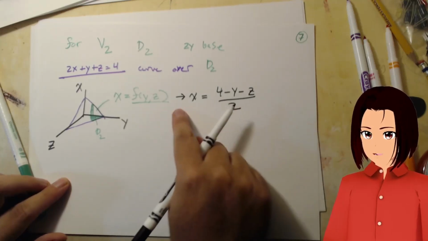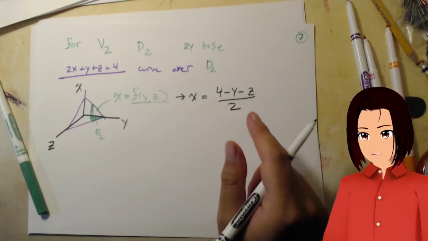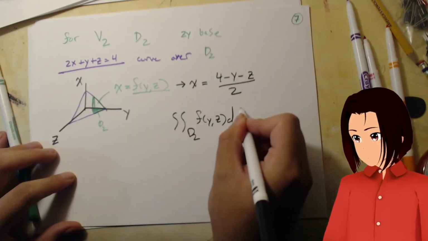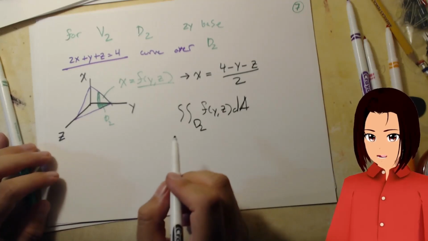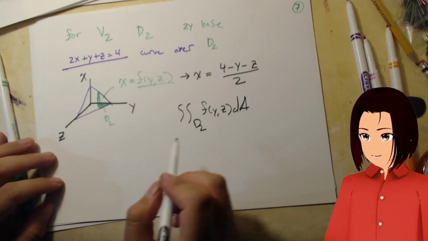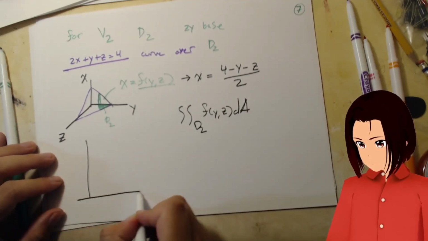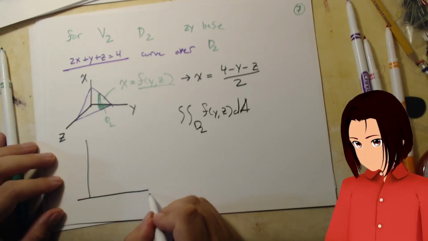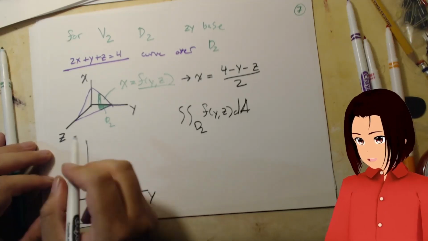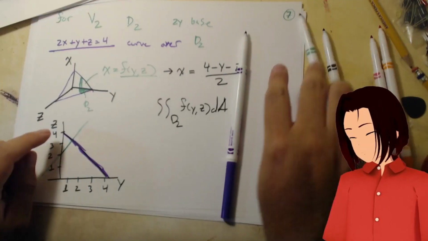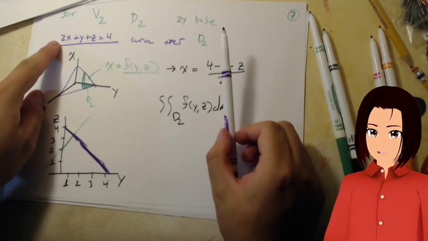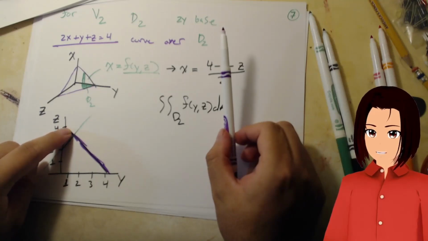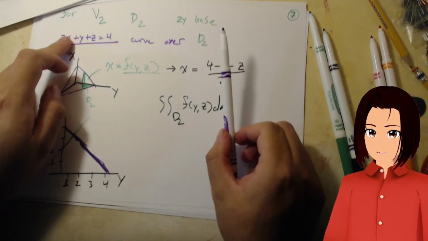So we need to find this guy. So I'll set it up over dA. To set this up, we need to see what's actually happening on the zy plane. So we have our y and our z. This guy right here is the purple one. That is the intersection of the zy plane coming from this guy.